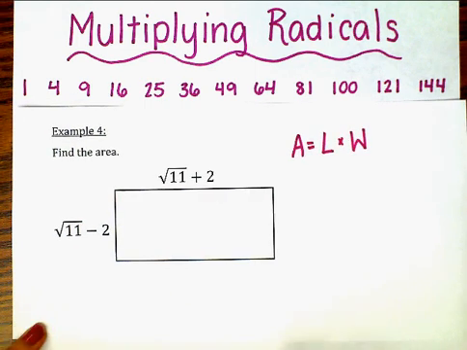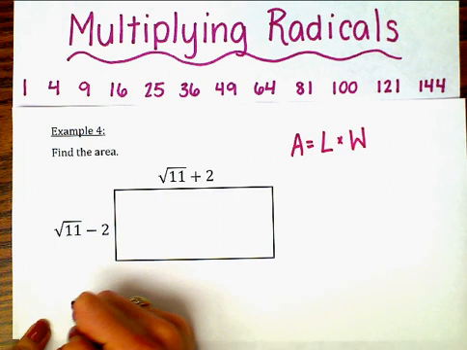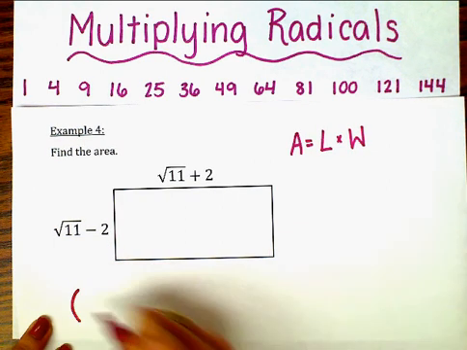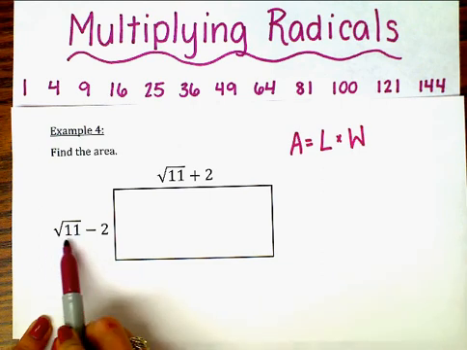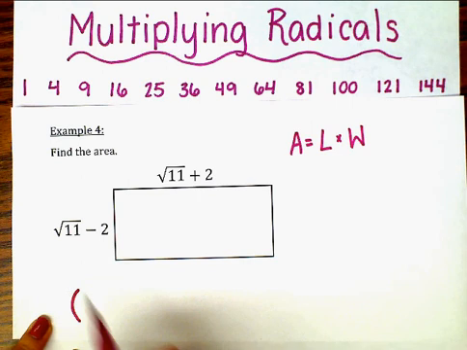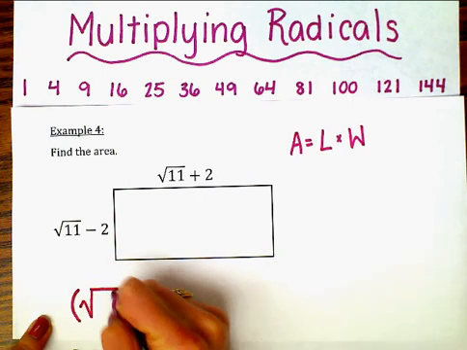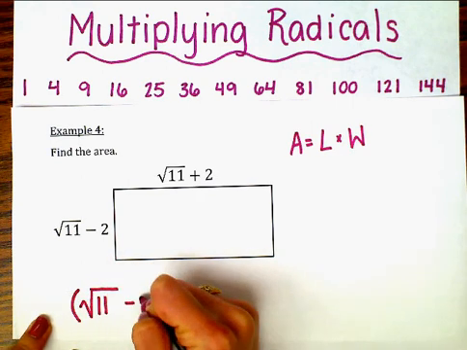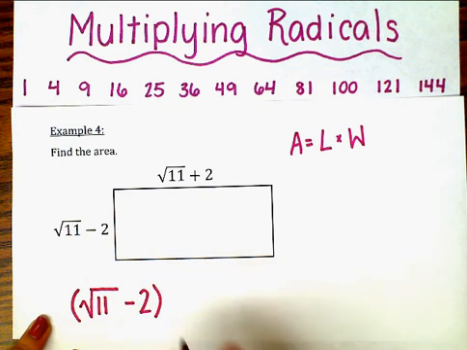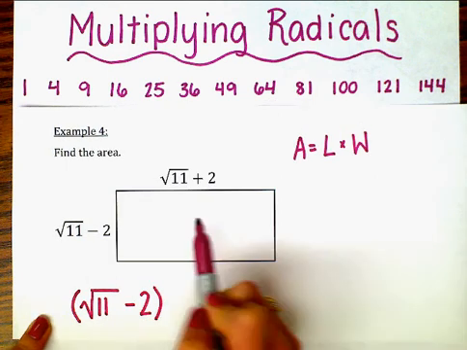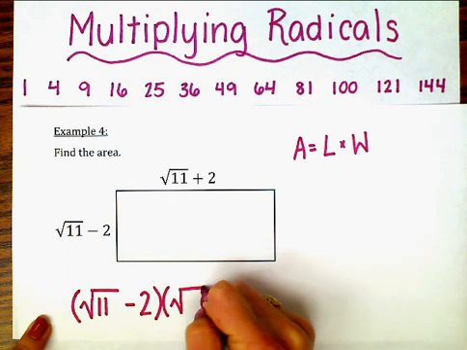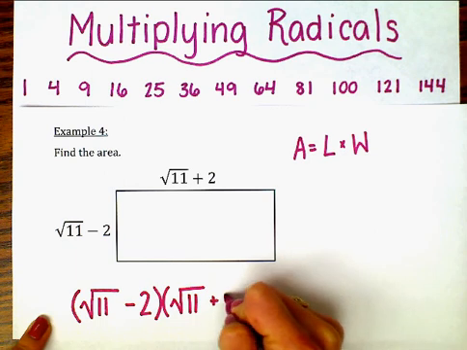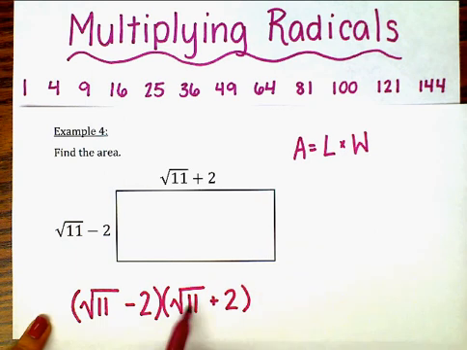So if we're multiplying them together, we're just going to plug it in. So our area is going to be our length, and we just said that our length is radical 11 minus 2 and our width is radical 11 plus 2. Remember, when the sets of parentheses are directly next to each other, it means multiplying.